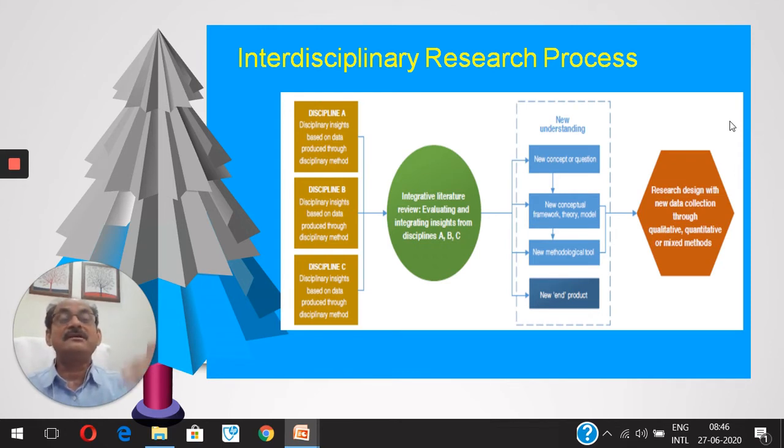You get a new interdisciplinary research design in the literature, a new method, a new terminology, a new product through interdisciplinary work. And maybe it is useful to society, to human beings.